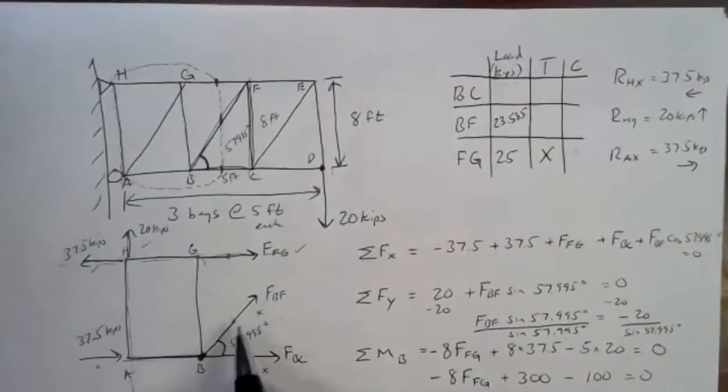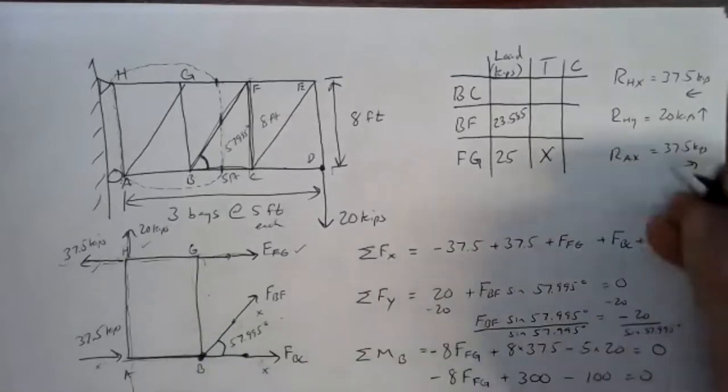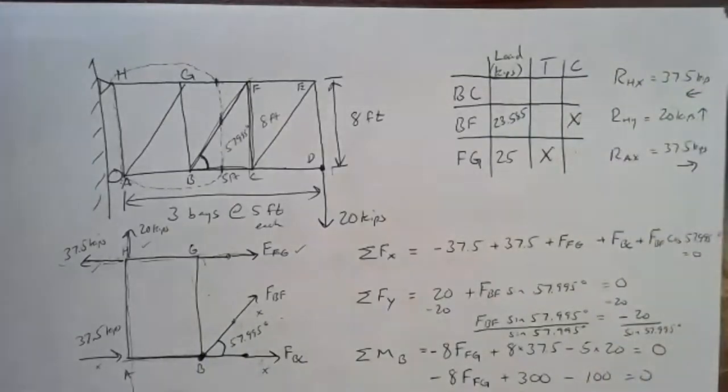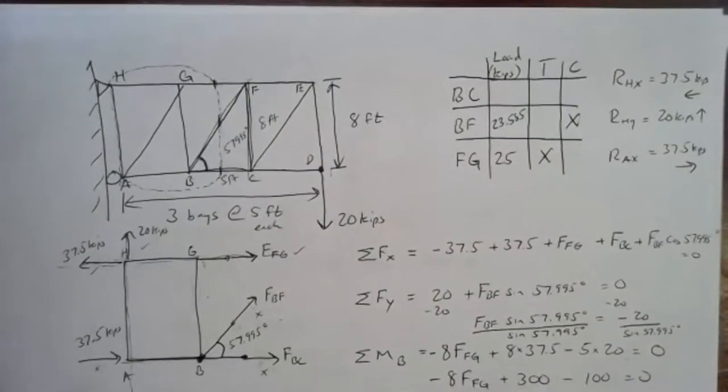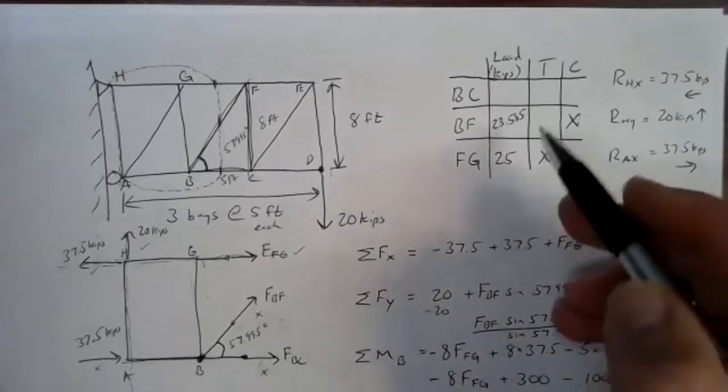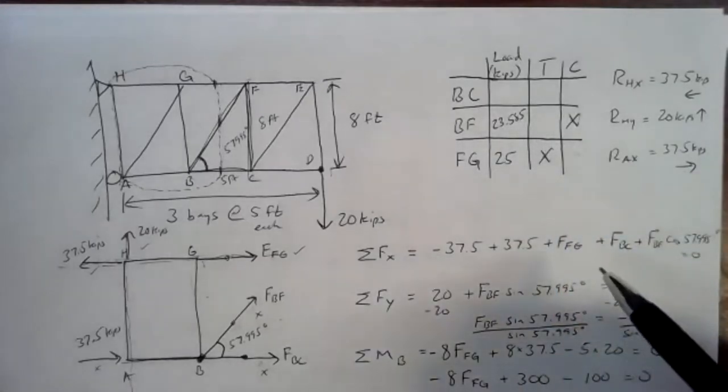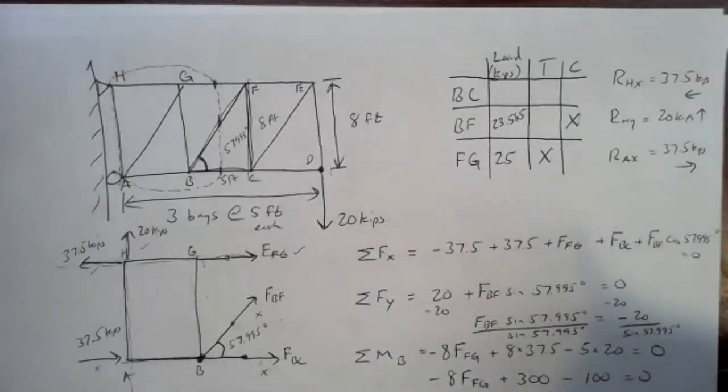That means that my assumed direction for BF was incorrect. I drew it as pulling member BF into tension, but it's actually pushing. Member BF is in compression. So member BF carries a compressive load of 23.585 kips.